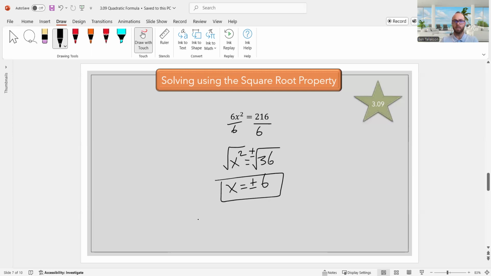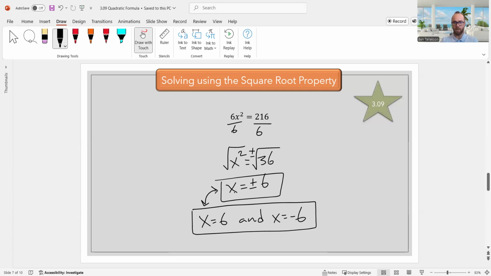Again, if you're writing that as two answers, it's x equals positive 6 and negative 6. Again, two different ways to write your answers. Okay, not too much work on that one.